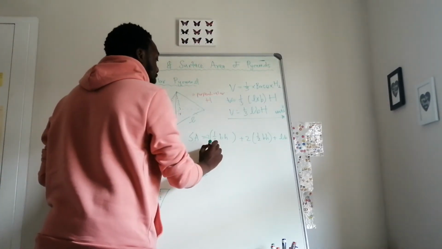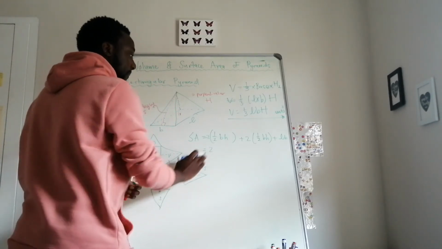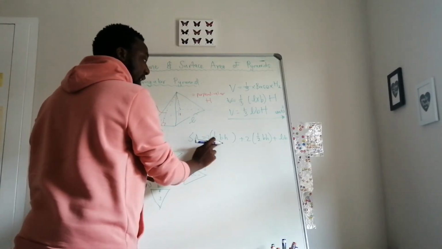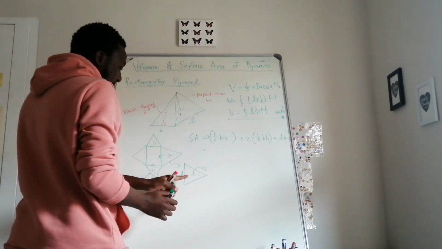The 2 and the half cancel, so we get base times height.